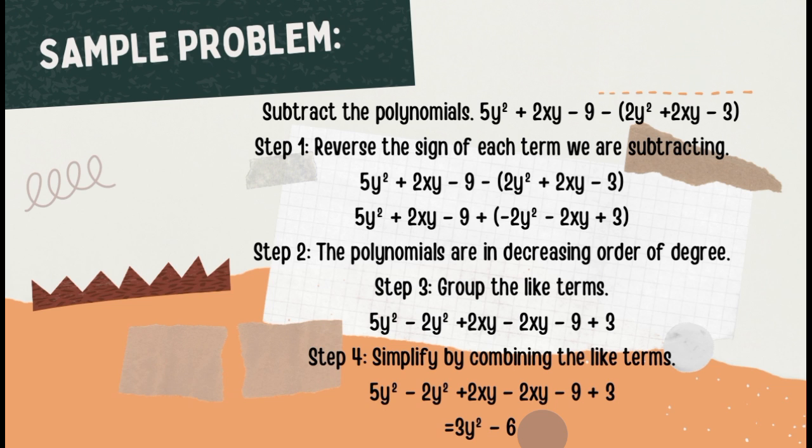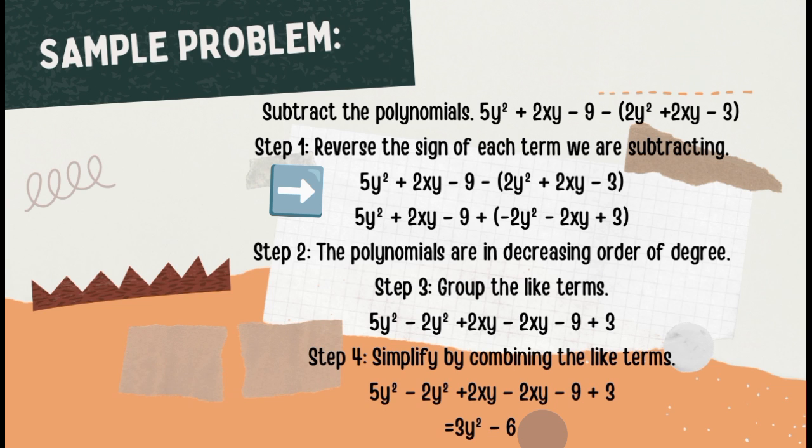So here is an example. Subtract the polynomials 5y squared plus 2xy minus 9, and then we have another, 2y squared plus 2xy minus 3. Because 2y squared is positive, we change it into negative. So step 1, reverse the sign of each term we are subtracting.